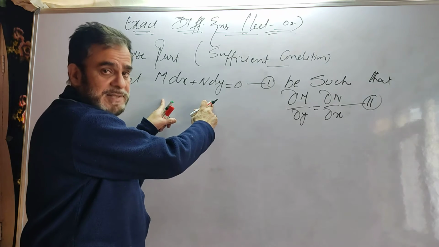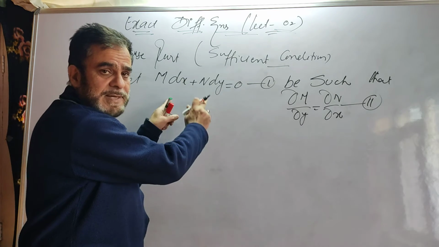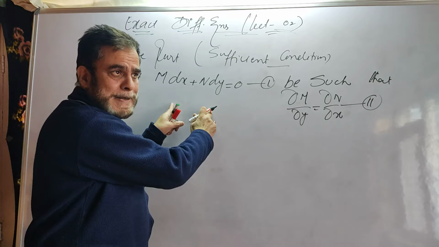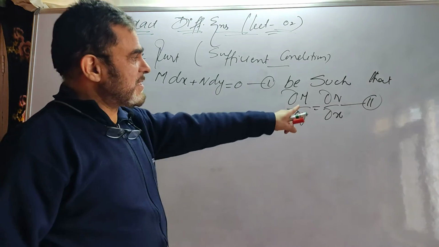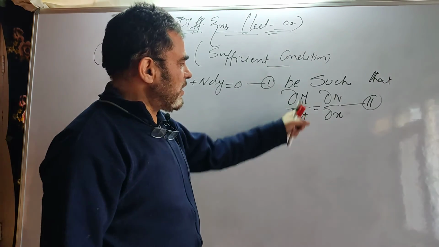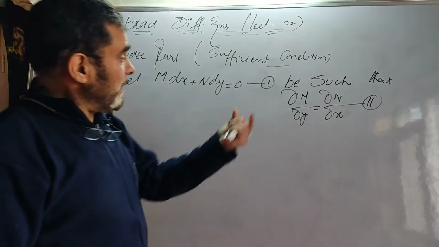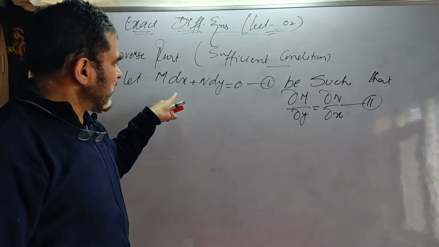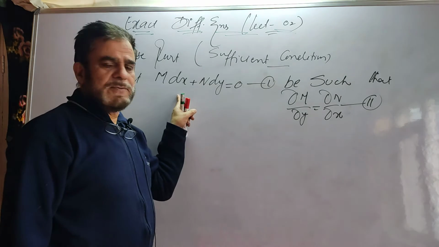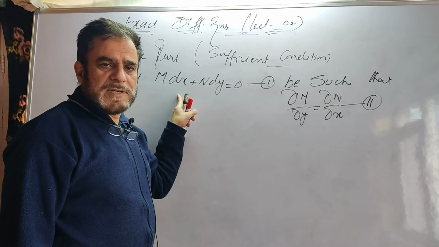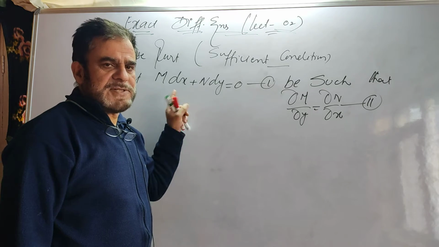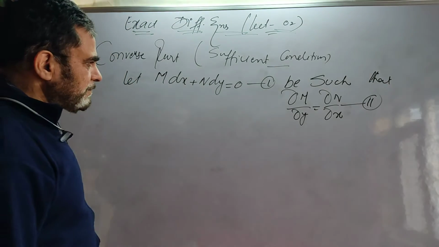You don't say at this time it is exact. You say that this differential equation satisfies this condition: partial of M with respect to y is partial of N with respect to x. We will prove that with this condition we can express M dx plus N dy as an exact differential of some function. You see how we start.